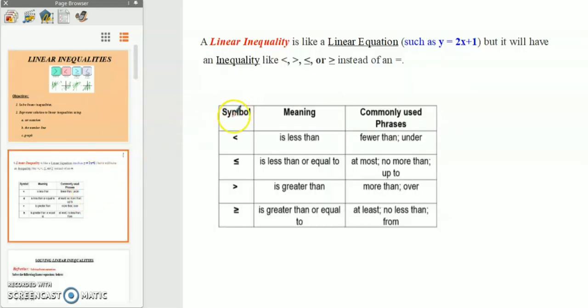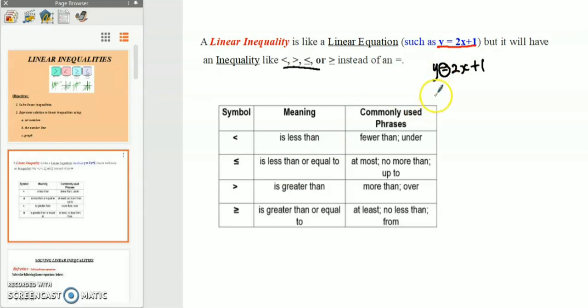A linear inequality is like a linear equation, such as y equals 2x plus 1, but it will have an inequality symbol instead of an equal sign. For example, this equation, y equals 2x plus 1, is an equation because it has an equal sign right here.